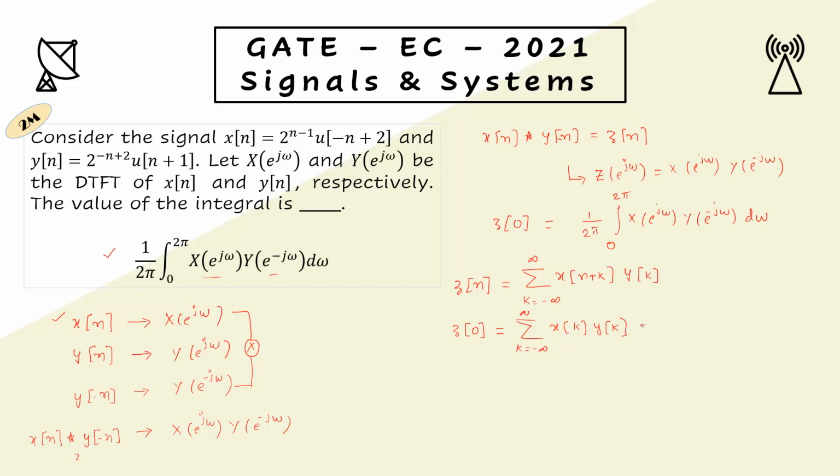So let us substitute what is given. This summation is k equal to minus infinity to infinity. x of n is given, so we want x of k: wherever there is n, replace with k. You get 2 power k minus 1 u of minus k plus 2, multiplied with y of k.